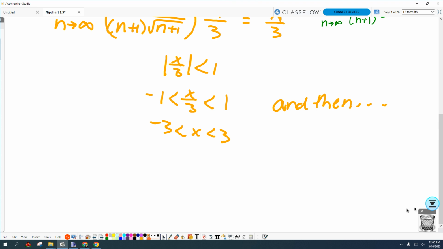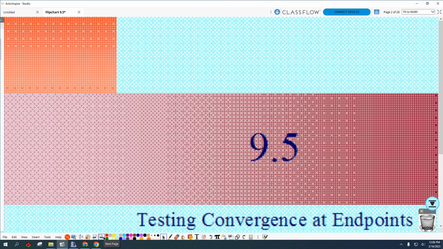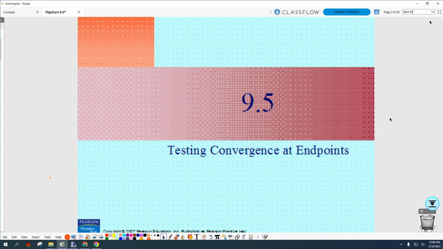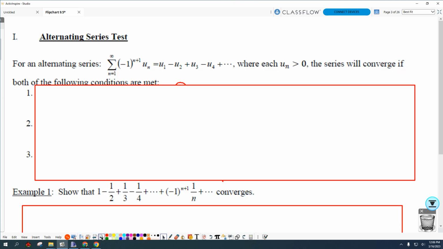Radius of convergence, they're asking for the ratio test. And then we need to do something else.